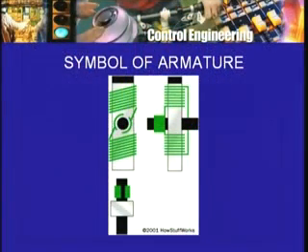Now, the motor, for our purposes, when we start drawing diagrams, will be represented by a more or less standard symbol. Do you recall the symbol for the motor armature? Well, it's something quite simple, and it suggests the shape of the armature as well as the fact that rotation is involved.